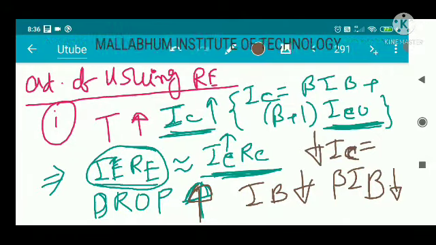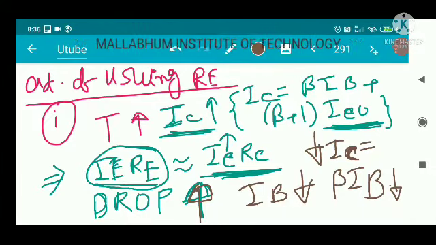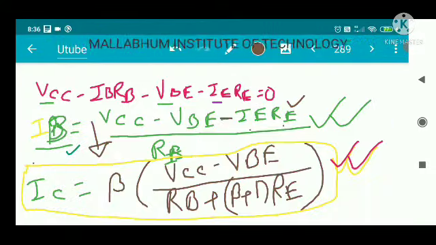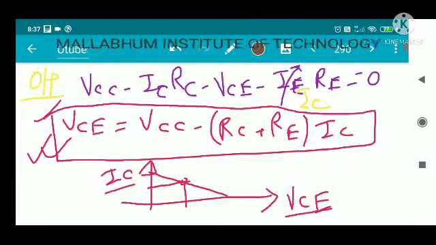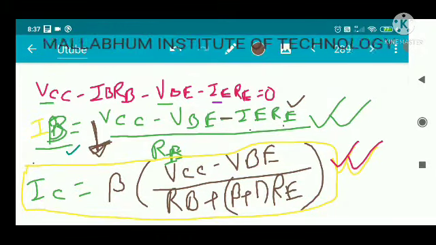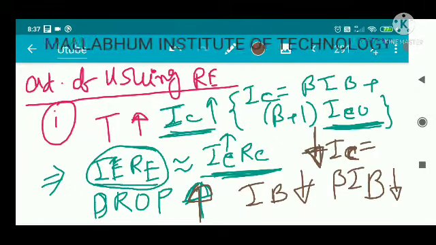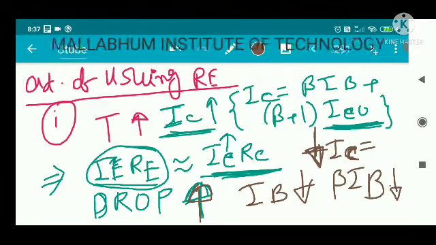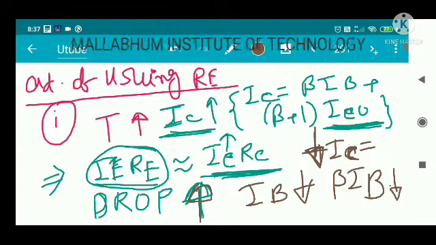So the temperature will try to increase the collector current, then the emitter resistance comes into the picture, and the drop across the emitter resistance increases, so the base current starts to reduce. As the base current reduces, the collector current starts to reduce. That's why this emitter resistance helps us stabilize the circuit.